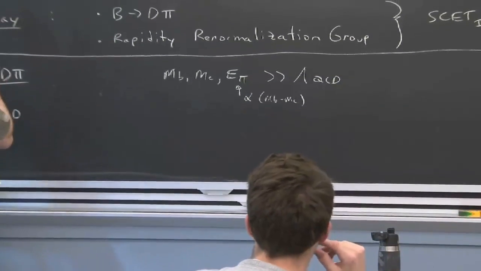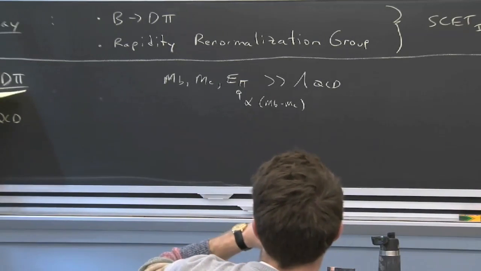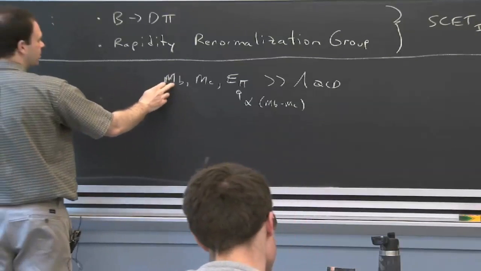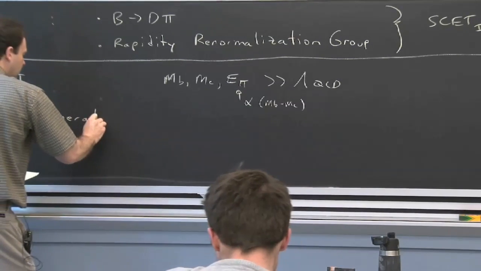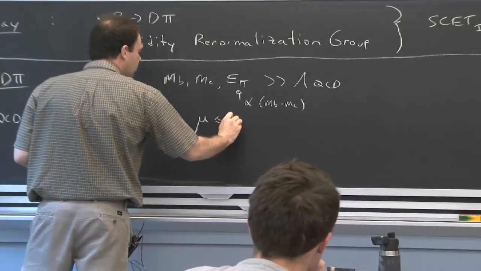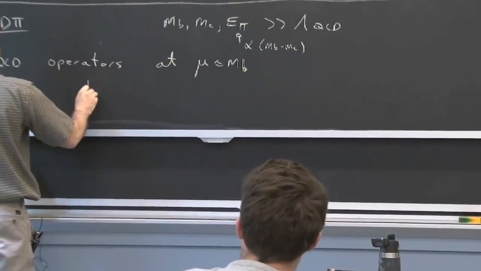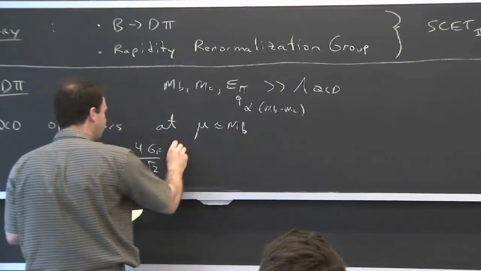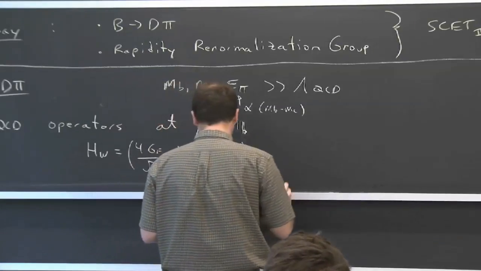OK, so we know how to treat this decay if we were integrating out the W. This is a weak decay, so B is changing to charm. Integrate out the W boson, run down to the scale m_B, which is the largest scale here. That's the electroweak Hamiltonian. So that's what we'll call the QCD operators, which are the relevant description at the scale of order m_B, with some prefactor.